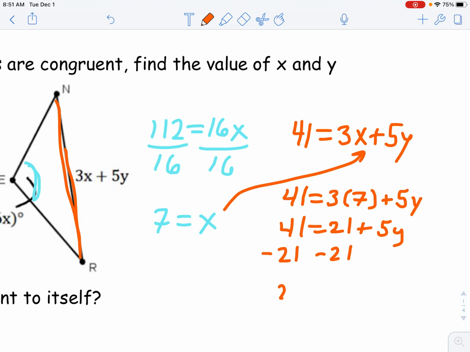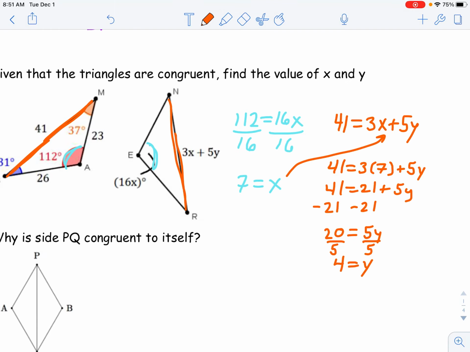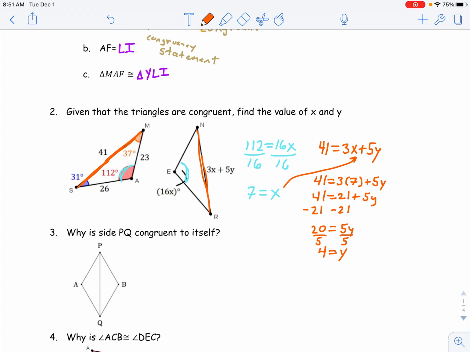Then I'm mathematically allowed to subtract 21 from both sides. I get 20 equals 5y. Divide both sides by 5, and then 4 equals y. Nice.